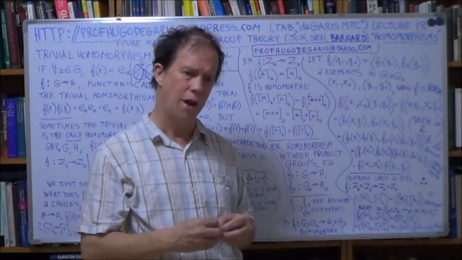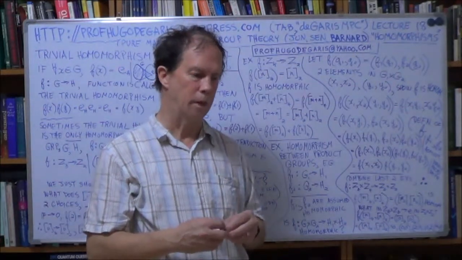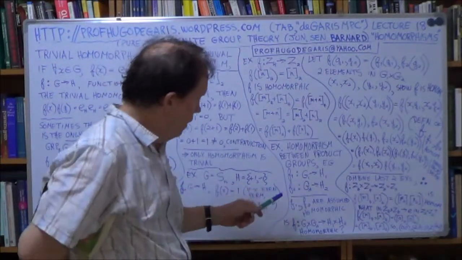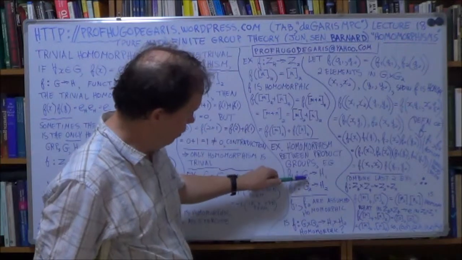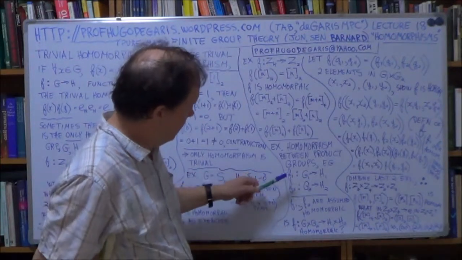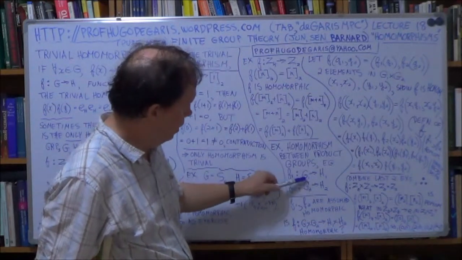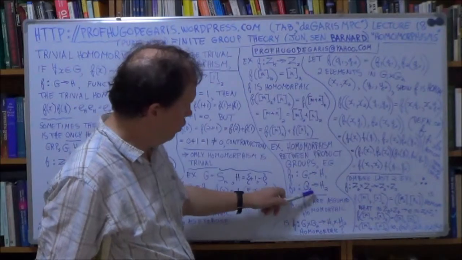How would you define the mapping? Imagine you have two groups, and we're going to form the product group of these two, G1 and G2, and let's say already that there is a homomorphism between G1 and H1, and a second homomorphism between G2 and H2.